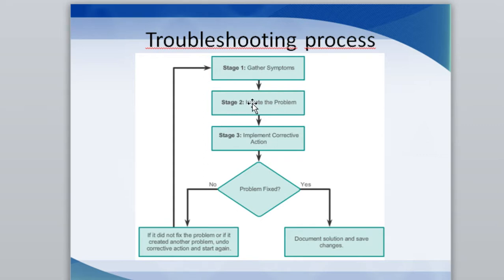Why did you decide that the issue was happening because of a certain thing and not the other? And then again in the implement corrective action stage, you document whether your solution was proper or not to solve the issue that is happening.